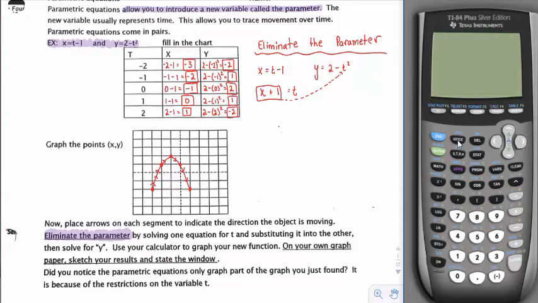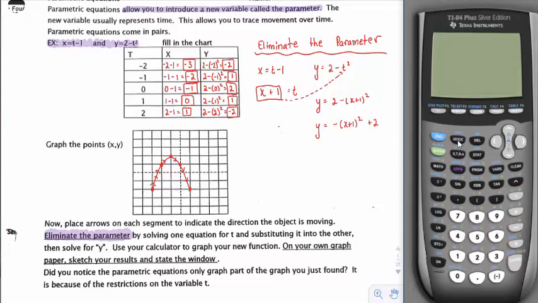What this is going to do is get this equation in terms of x and y, which is what we're used to dealing with. So this won't include the time aspect, but we can see the actual structure of the graph this way. So this is going to be y equals 2 minus (x plus 1) quantity squared. And if I wanted to rearrange it, I would just make this negative (x plus 1) quantity squared plus 2.